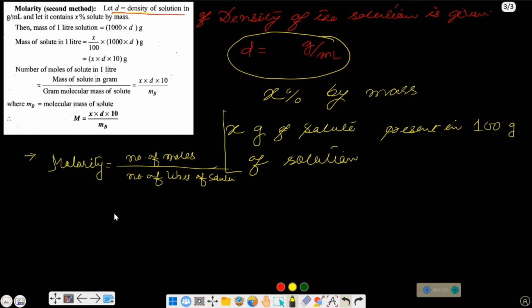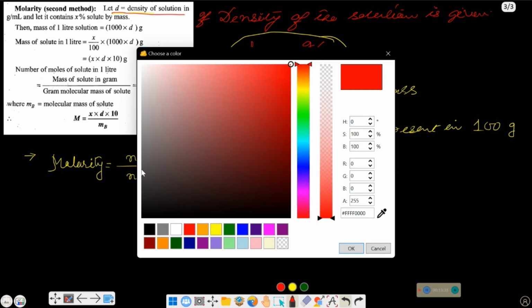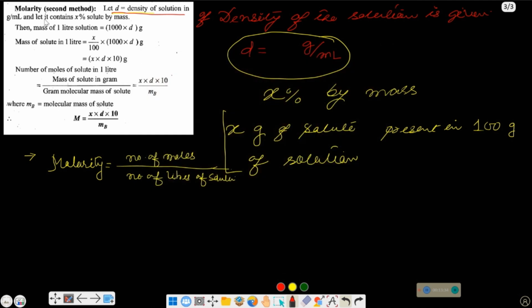So for that, what will we do here? We will find the mass of 1 liter of solution. So what will be the mass of 1 liter of solution?